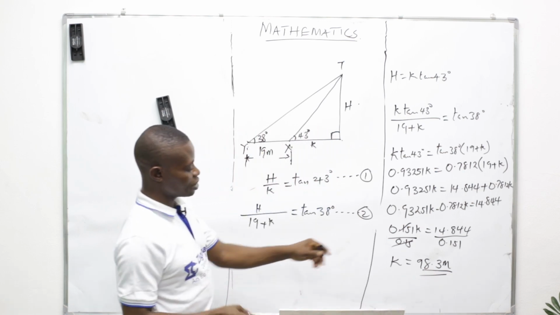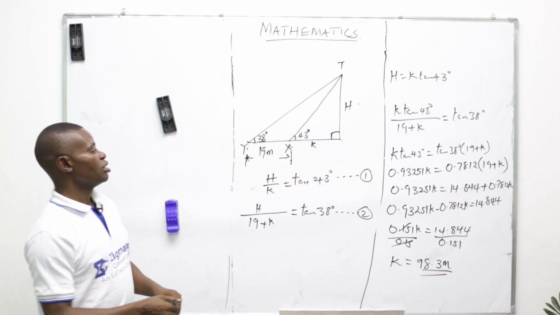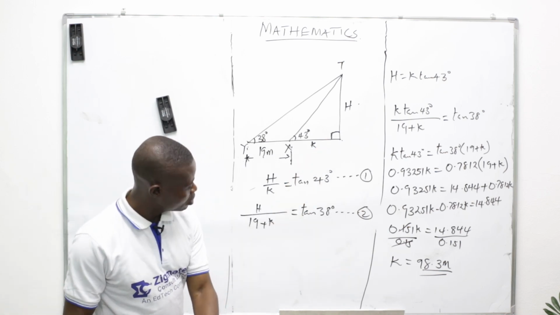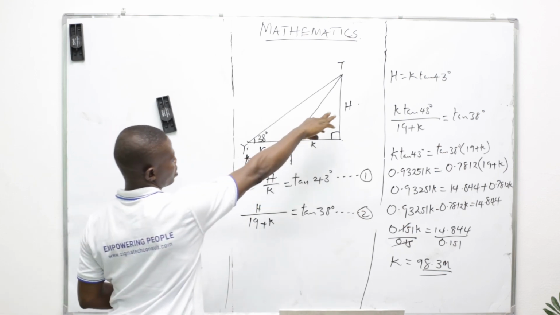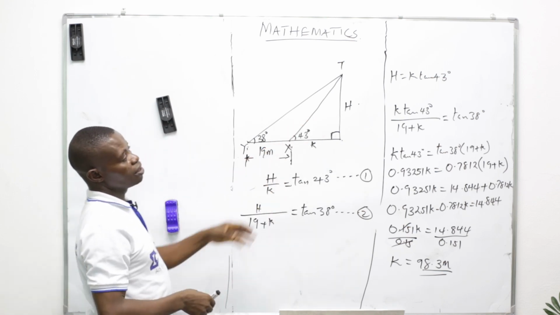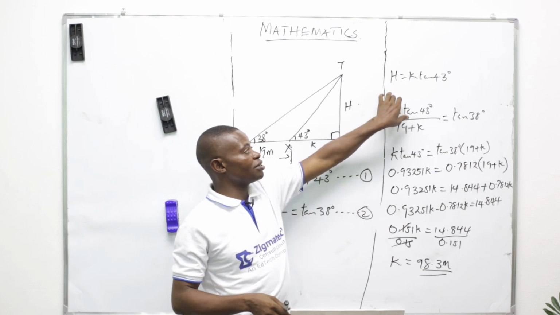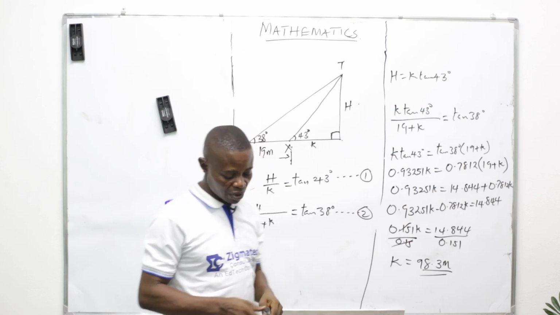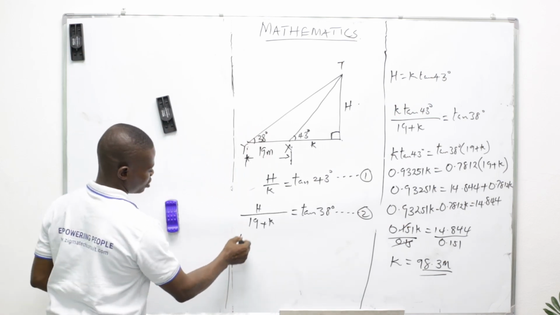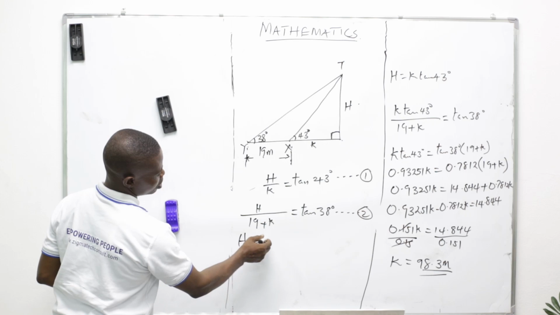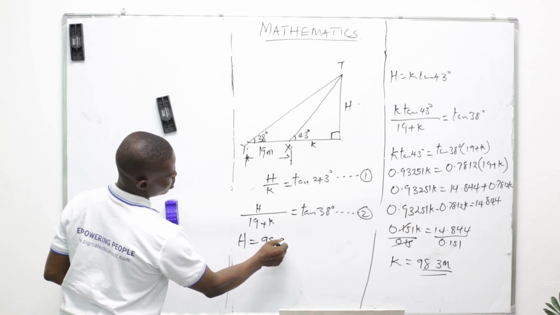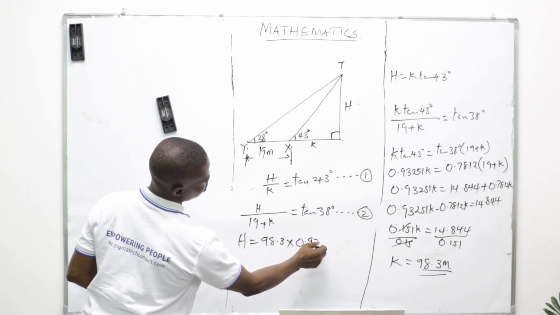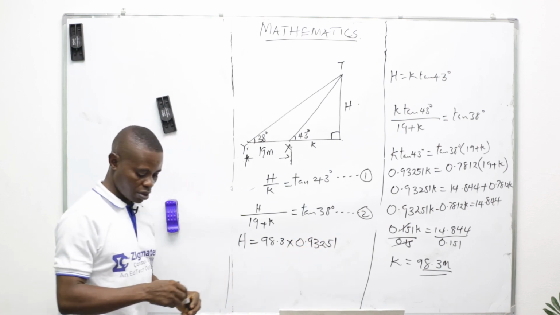So if K is 98.3 meters, the question is to find H. Recall that H equals K tan 43. Meaning H equals K. What is K? 98.3 times who? 0.93251.